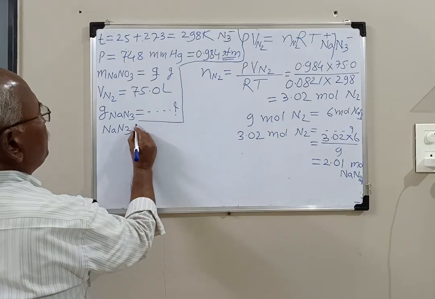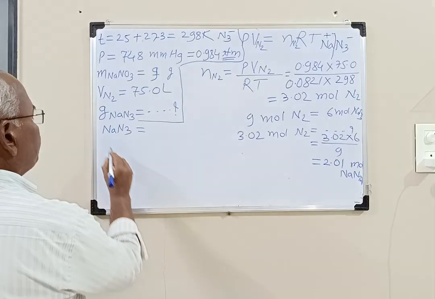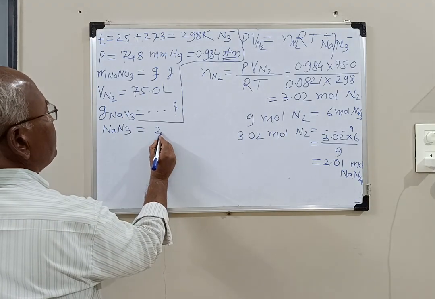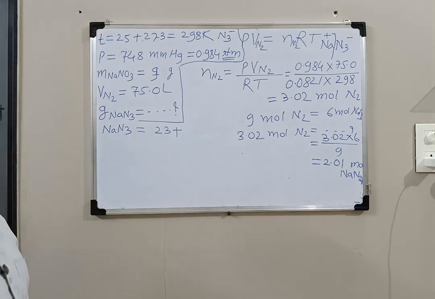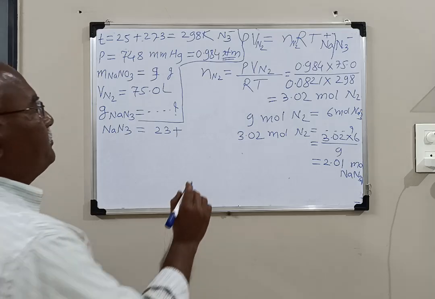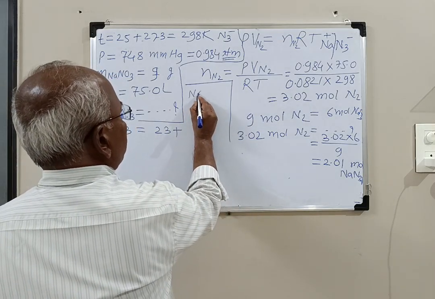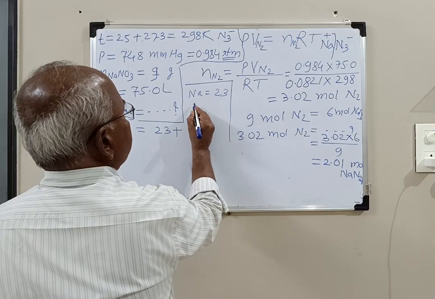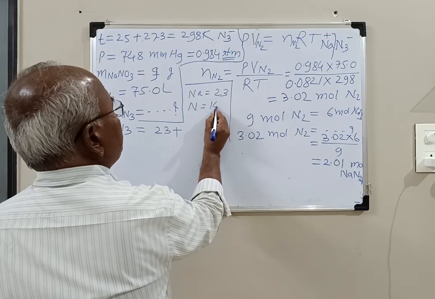Calculate its molecular weight. Atomic weight of sodium is 23 and atomic weight of nitrogen is 14.